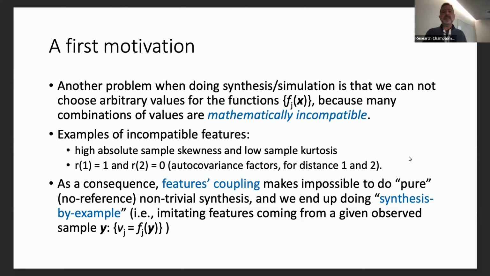So there is an interesting consequence for people trying to do simulation, creating signals or images that look real: you cannot have knobs and change something without changing the other ones, right? Unless you decouple your features, if you change one feature, the other knobs will move along.